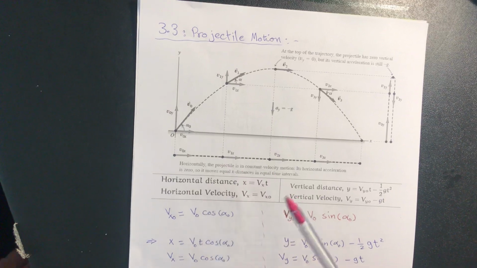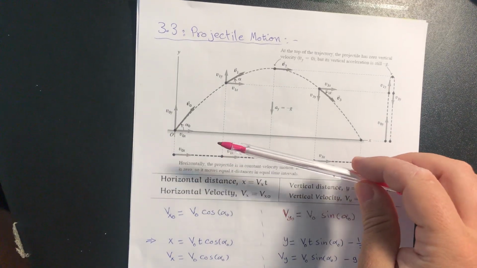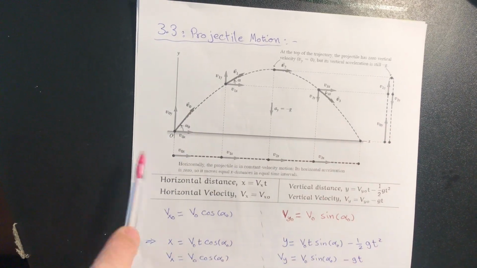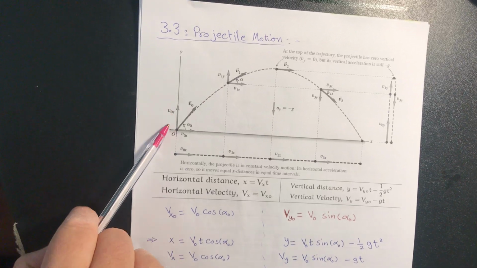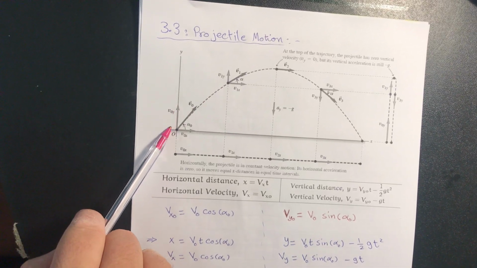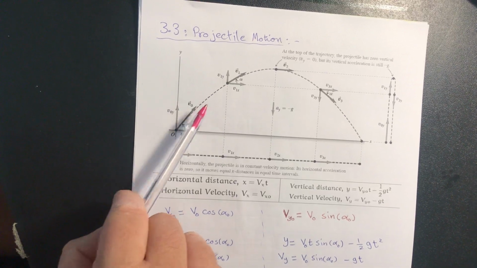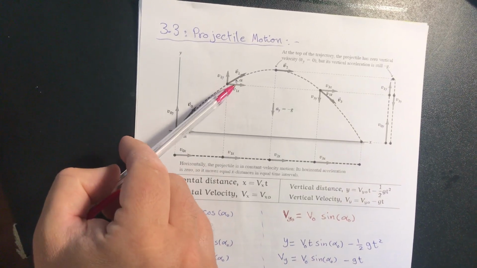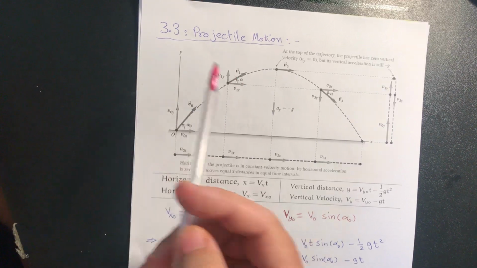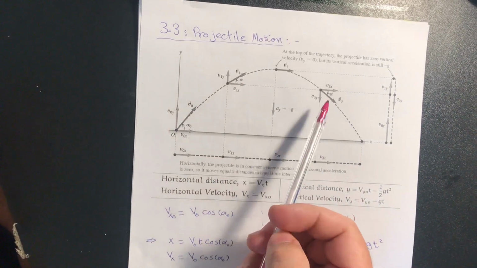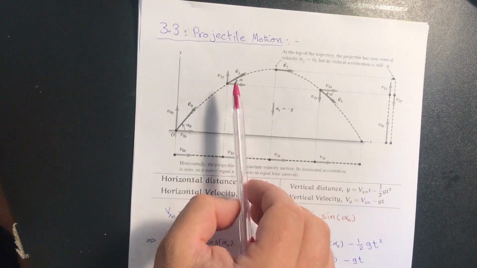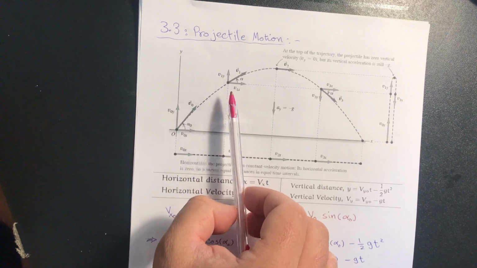But what if we look at the y component of the velocity? Initially, it is in this direction and this magnitude, but when the velocity comes to any other point, the vertical component of the velocity will change.